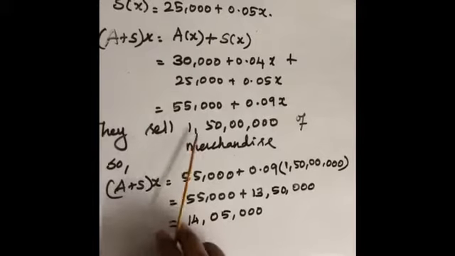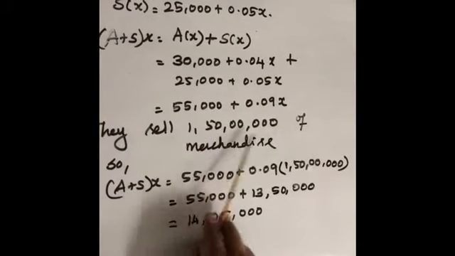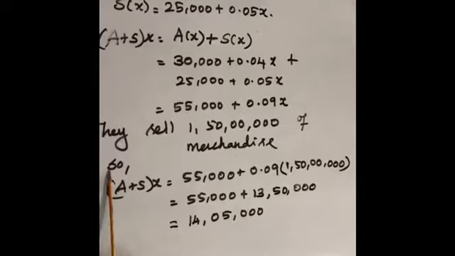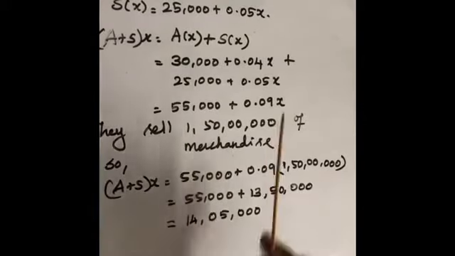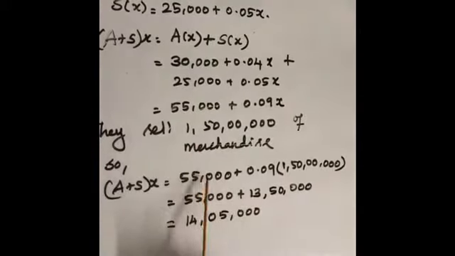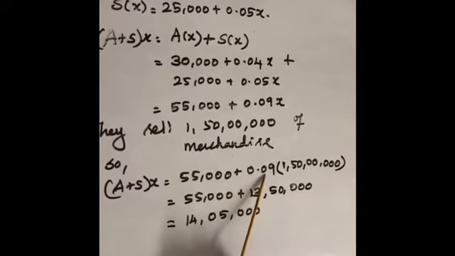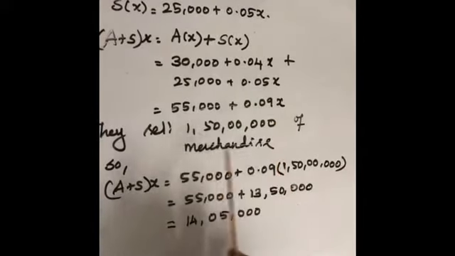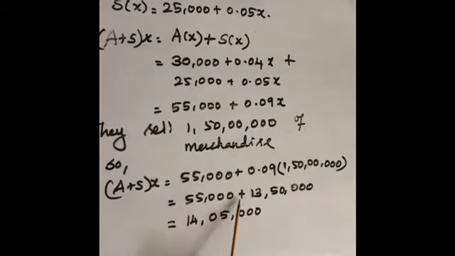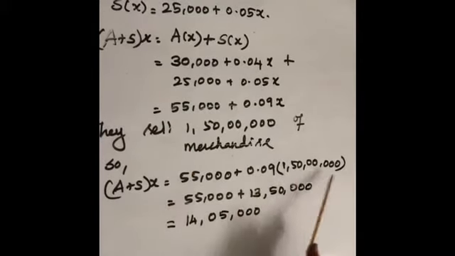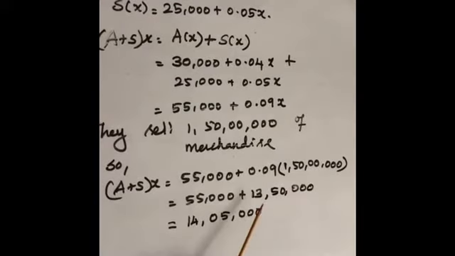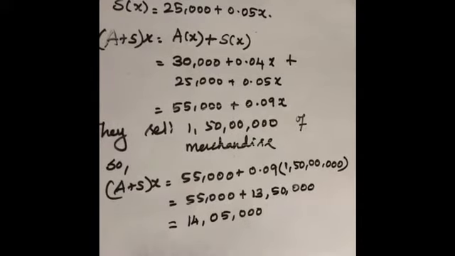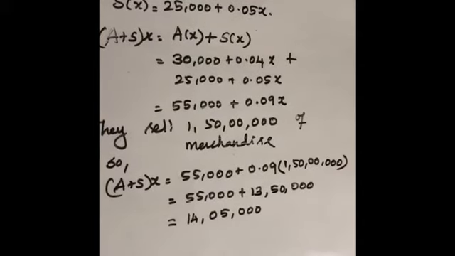So they sell 1 crore 50 lakhs of merchandise, and we have to find their income for this amount. So 55,000 plus 0.09 into, instead of x, I substitute this value. So 55,000 plus 0.09 into 1 crore 50 lakhs will give 13 lakhs and 50,000. Okay, so while adding this, I get 14 lakh and 5,000. That's the answer and that's their family income.